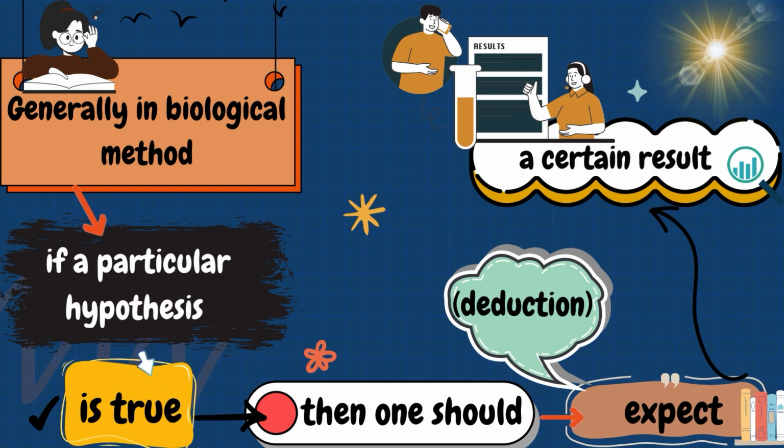Generally in biological method, if a particular hypothesis is true, then one should expect a certain result. These expected results are called deduction.